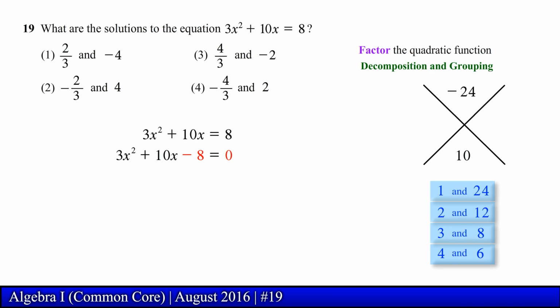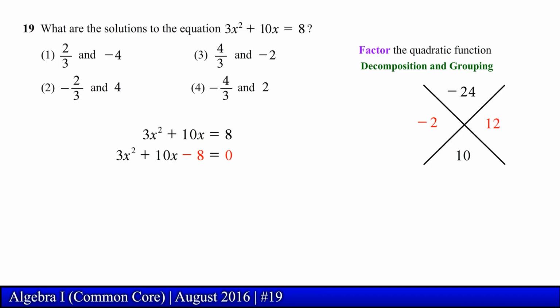Since we want the sum to add up to +10, we should use the integers 2 and 12 and make 2 a negative integer so that we obtain +10 when we add the integers together. Now that we have found our integers, we proceed with the decomposition step and decompose the linear term, in this case 10x, as a sum of these two integers, in this case -2x and +12x.